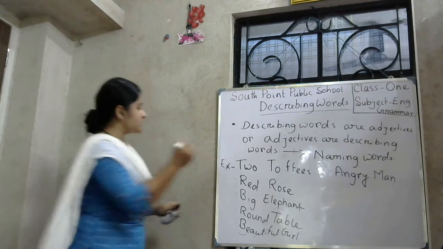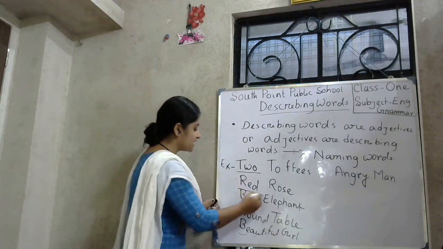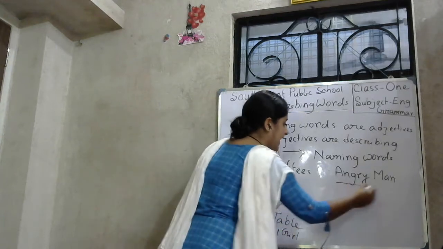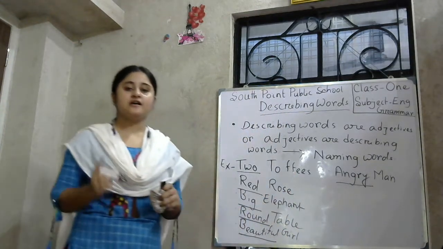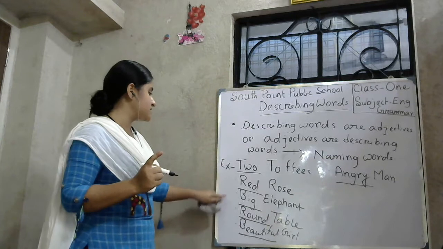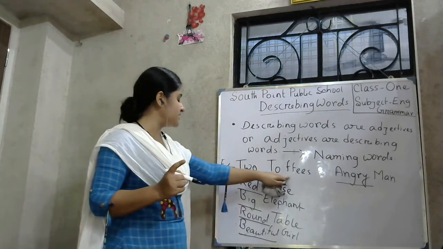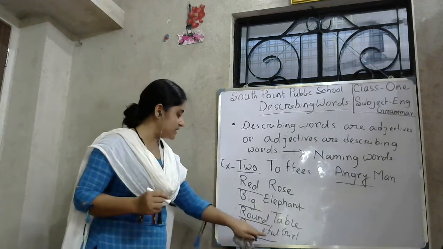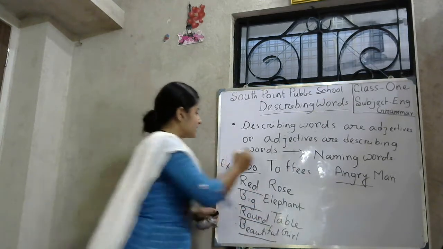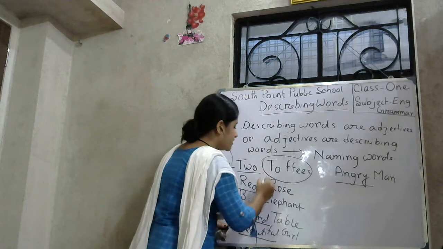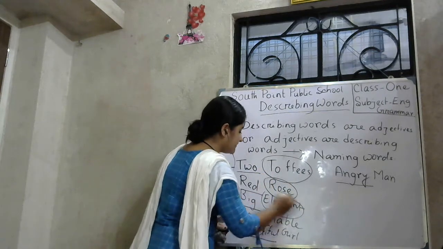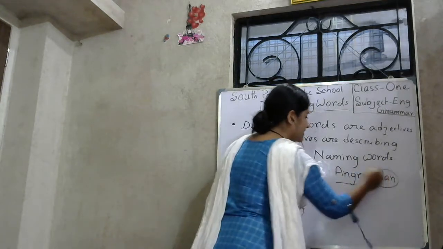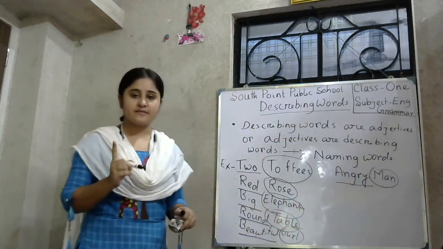Here are the words two, red, big, round, beautiful, angry. These are the describing words because they tell more about the nouns: toffees, rose, elephant, table, girl, man. These are nouns. Remember that.